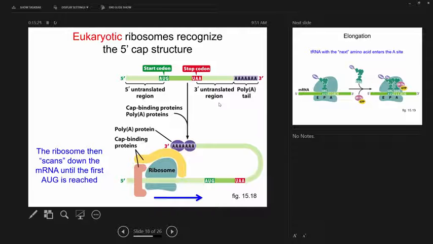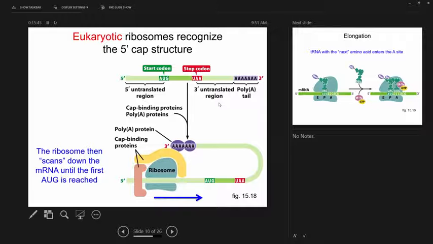The way this works in eukaryotes, and this drawing is not correct, cross out the large subunit. The way it works in eukaryotes is that the small subunit starts at the 5' end of the messenger RNA and then starts scanning down the messenger RNA.